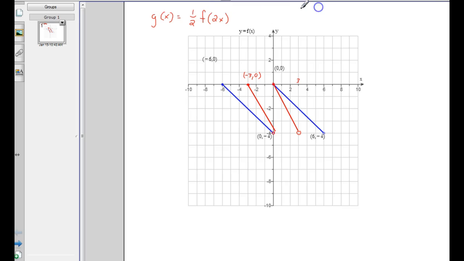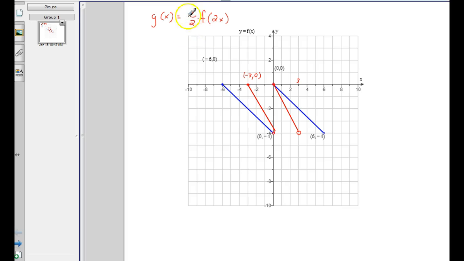Now we need to deal with this 1/2. The 1/2 is taking place after the 2x goes into the function, so it is taking place on the y's. The y-coordinates are being multiplied by half. If we multiply the y-coordinates from our new red graph by half, that'll give us our new location of the y's.